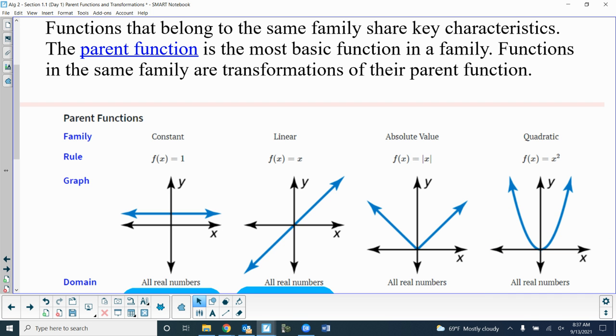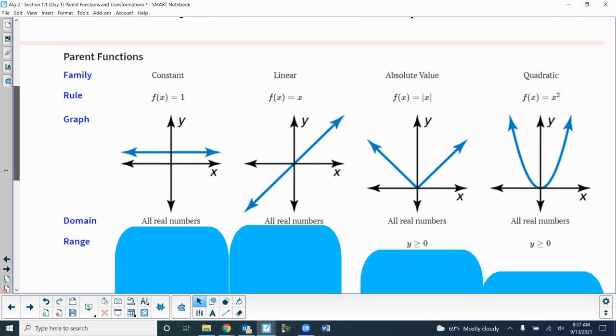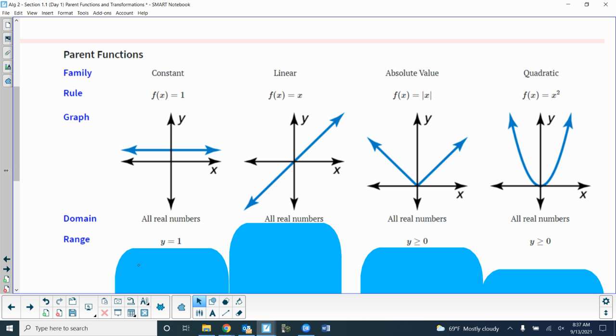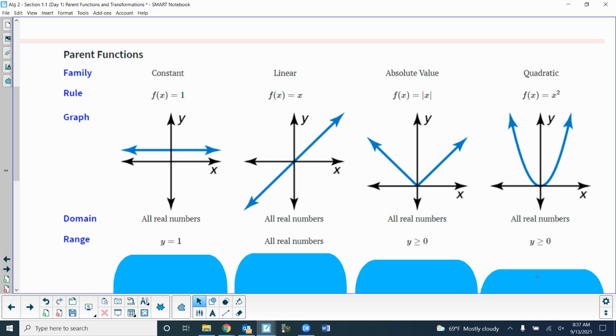And then remember, domain is our x values and range is our y values, okay? So again, our parent functions, those are the four main ones. And then this is what we wrote down as our notes, right?